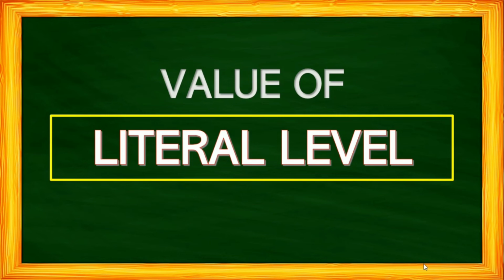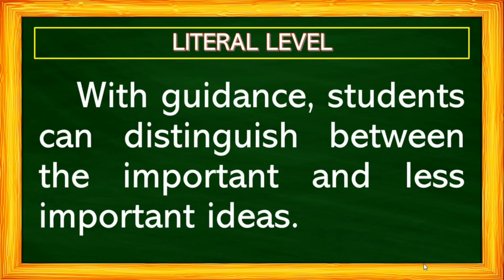Now here is the value or the importance of literal level of comprehension. With guidance, students can distinguish between the important and less important ideas. Again, through the literal level of comprehension, and of course with the proper guidance, students can distinguish between the important and less important ideas.